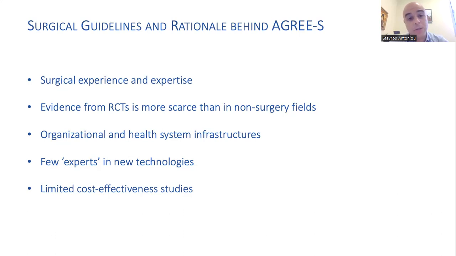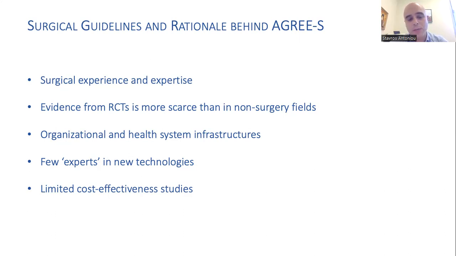You just administer the drug and that's it. But if we're talking about a surgical intervention, we need to know whether the infrastructures are in place. And this will define the direction of the recommendation and likely also the strength of the recommendation. So this is another characteristic unique in surgical guidelines.